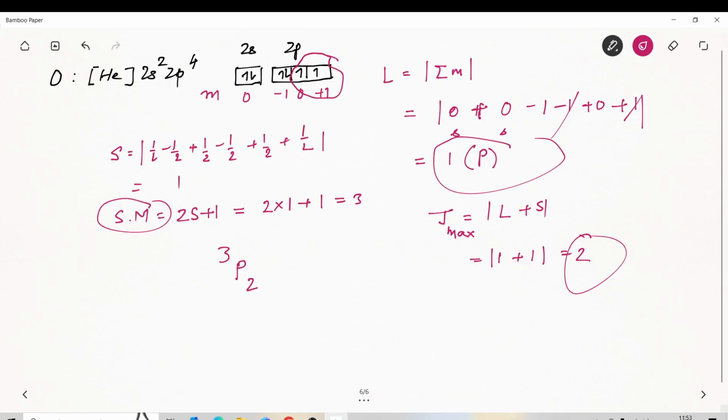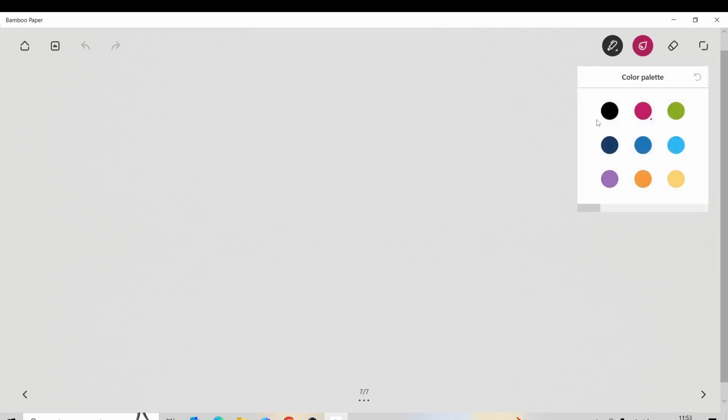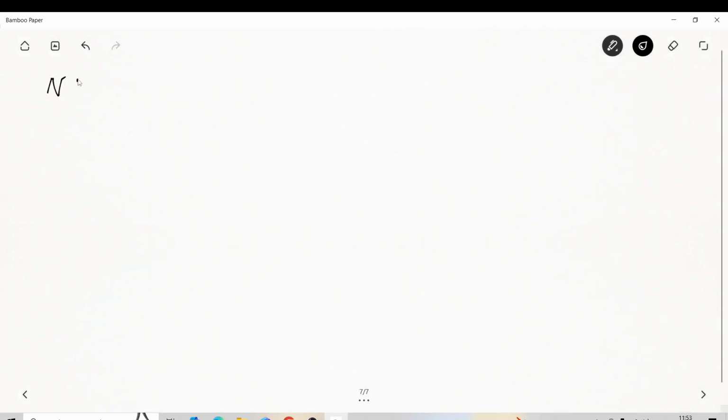So let us consider another example, say for nitrogen. Say for nitrogen, you know it's helium 2s2, 2p3.